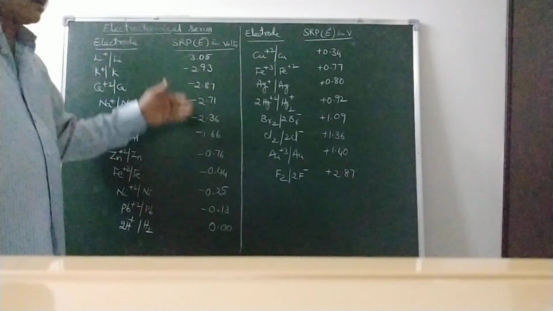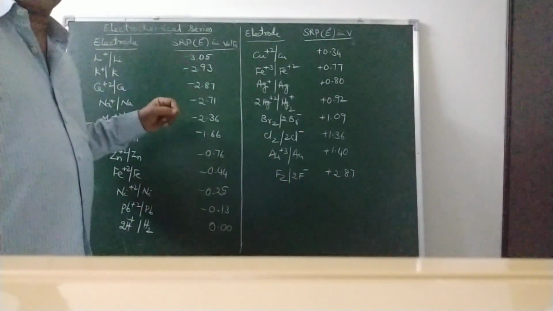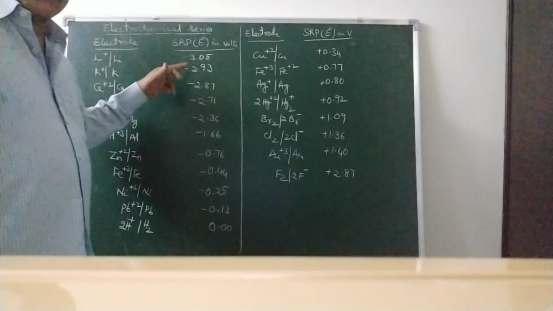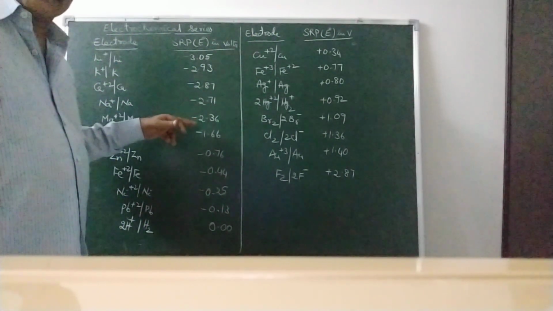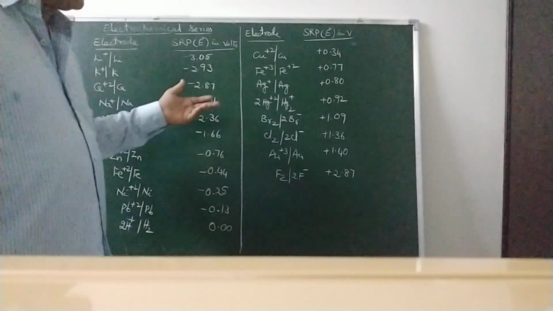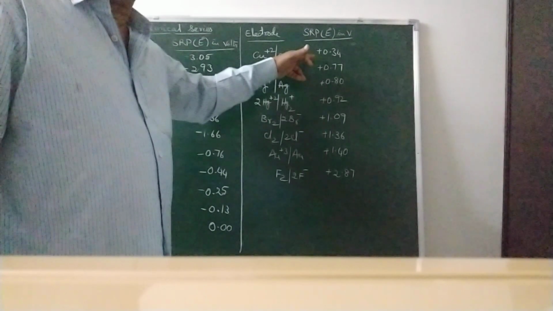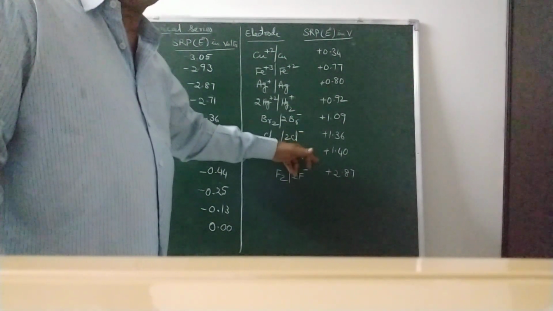If SRP values are given, how do we determine anode and cathode? If both are negative SRP values, the higher negative SRP acts as anode and the lower negative SRP acts as cathode. If both are positive SRP values, the lower positive SRP acts as anode and the higher positive SRP acts as cathode.